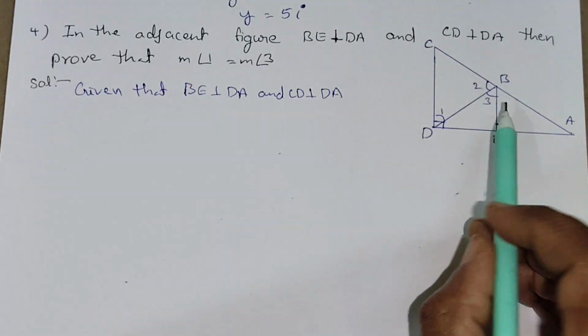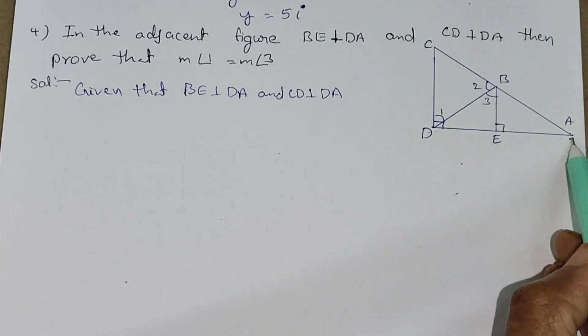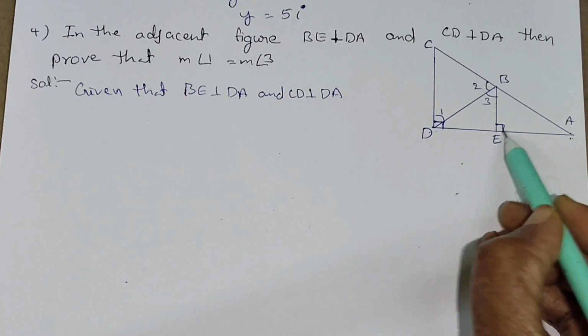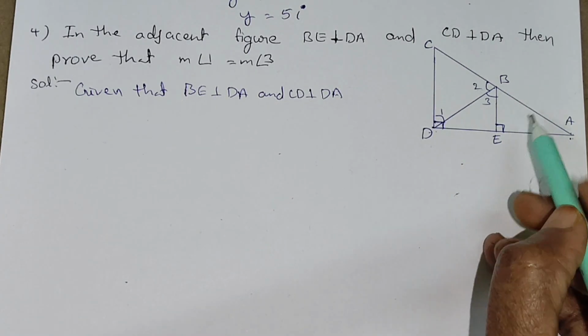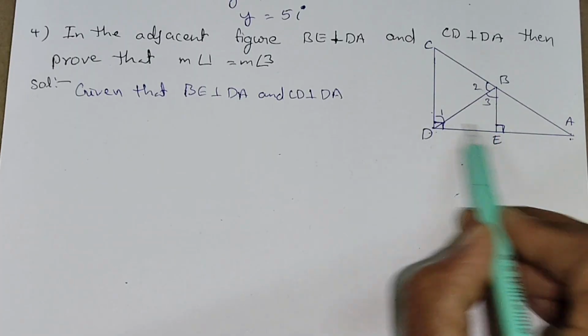CD is perpendicular to DA, BE is perpendicular to DA, means these two are 90 degrees angles. So these two are parallel because two lines are perpendicular to the same line.